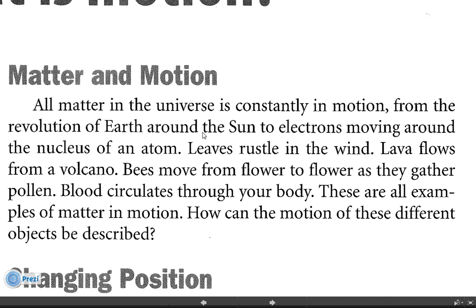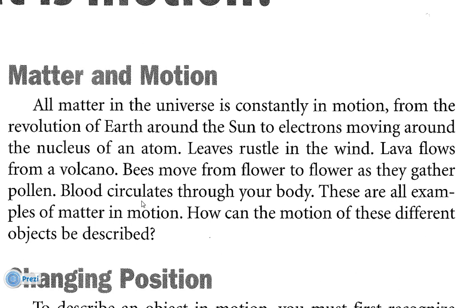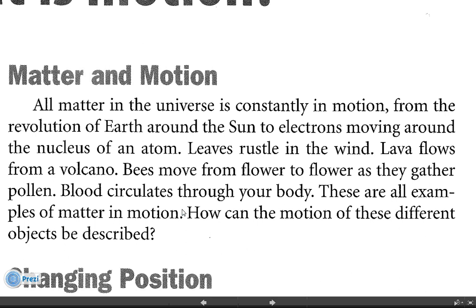However, the Earth and the sun are huge, and the electrons around the nucleus of an atom are microscopic, tiny, tiny, tiny. The other thing I look at is the words rustle, flows, move, and circulates. These are all what type of word? What part of speech? You're right. That type of speech, which I'll ask you about in class tomorrow, describes for us motion.